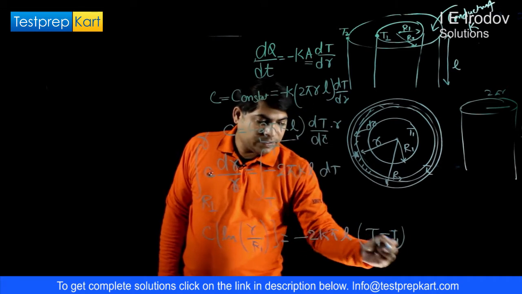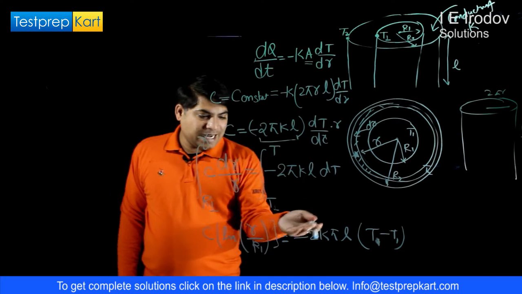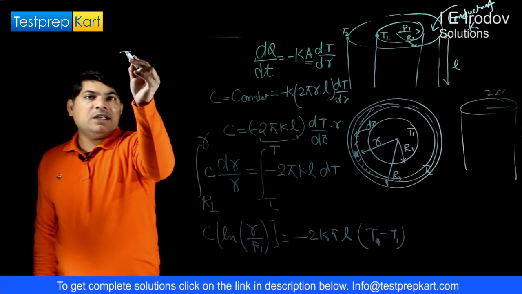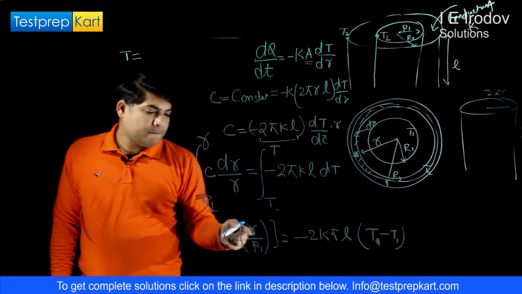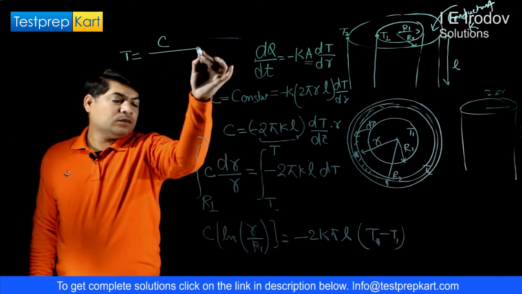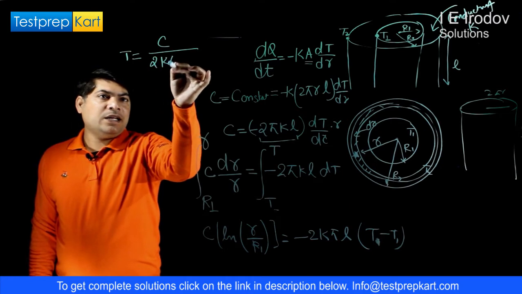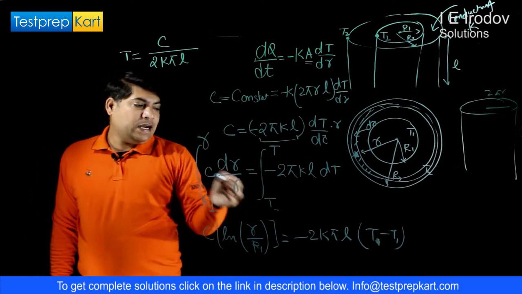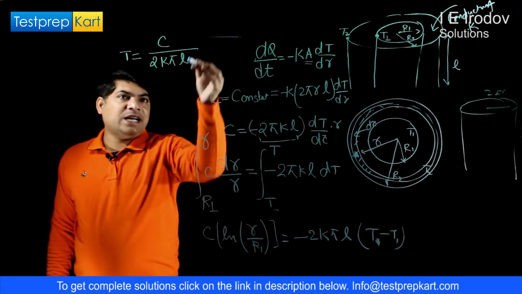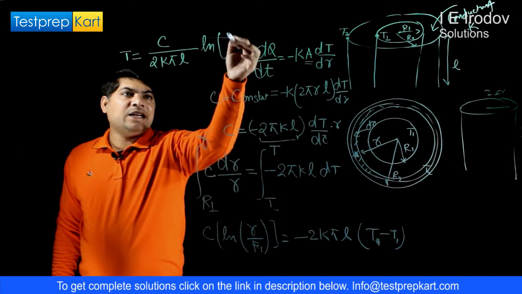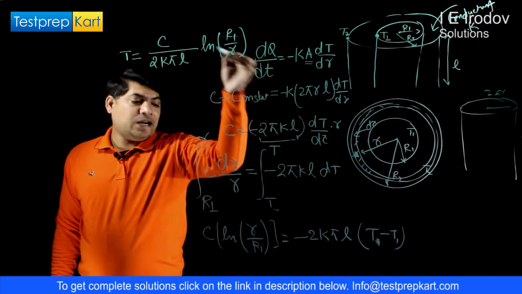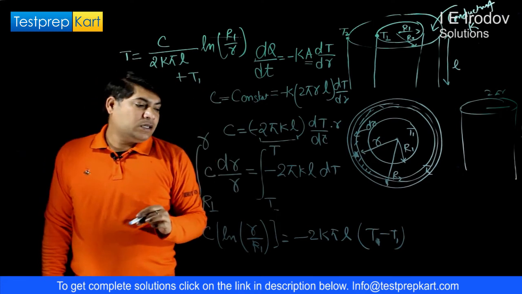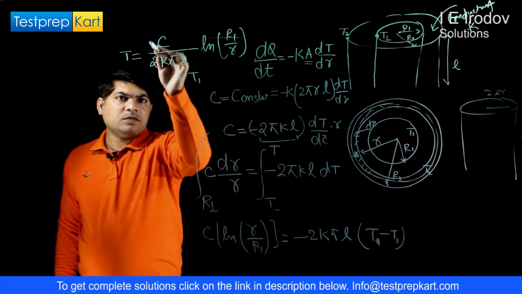Now we can calculate the expression for T: T is equal to C upon 2 pi K L, and if we multiply the negative sign here, then ln R1 upon r plus T1. This is the expression.